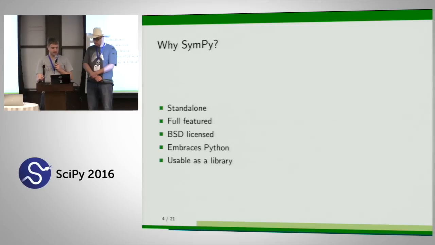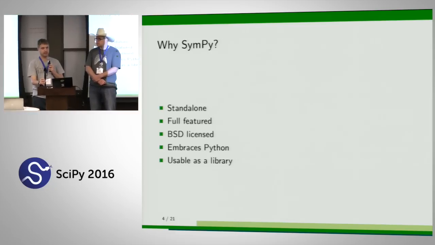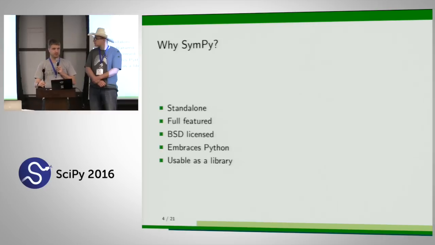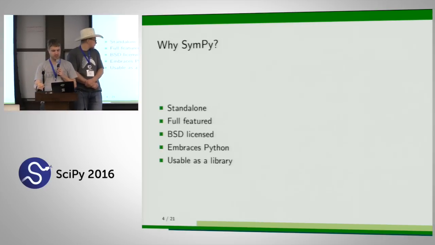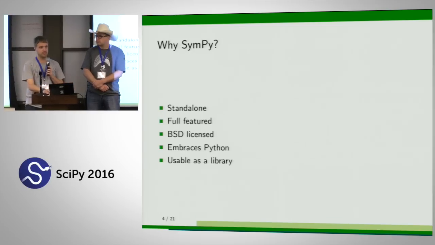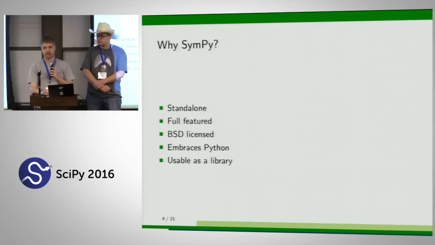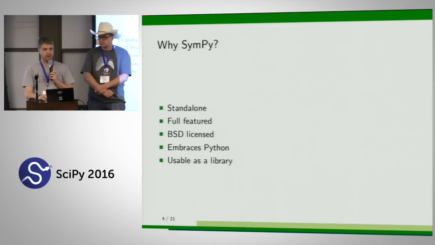It's BSD license. It embraces Python. So everything you do in SymPy is just Python. So if you know how to use Python, you already know how to use SymPy in some sense. And we like for it to be usable as a library, so you can just import SymPy from your other code and use it that way.